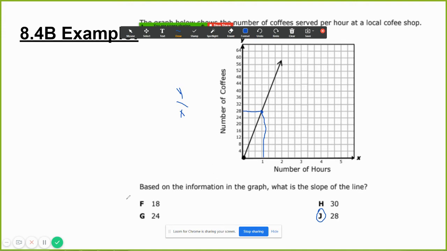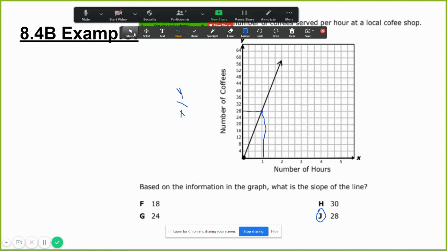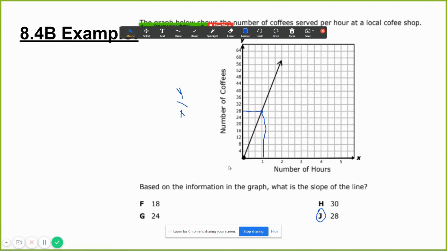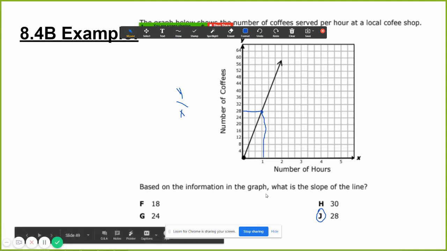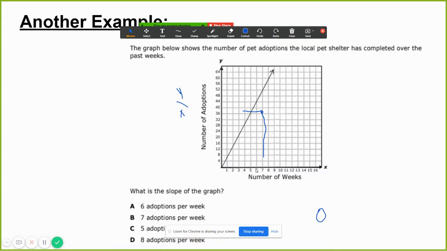Let's look at the next one. And let's clean this up so we can see better. Here's another example. And let's see if we can find an exact point on this line.